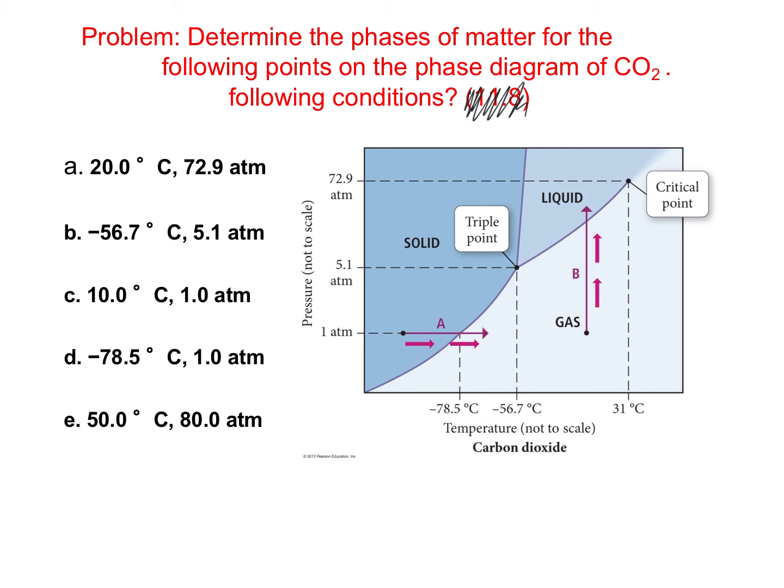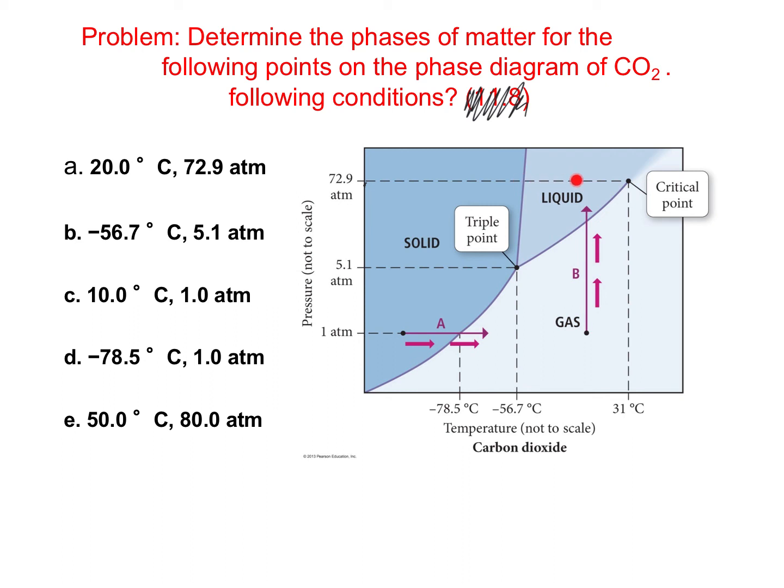Right, so if they gave me 20 degrees Celsius and 72.9 atmospheres, so I've got 72.9 atmospheres here, and this would be negative 273 degrees Celsius, right? And so as I go up and up, when I get to about 56.7, we're going to be at the phase boundary.